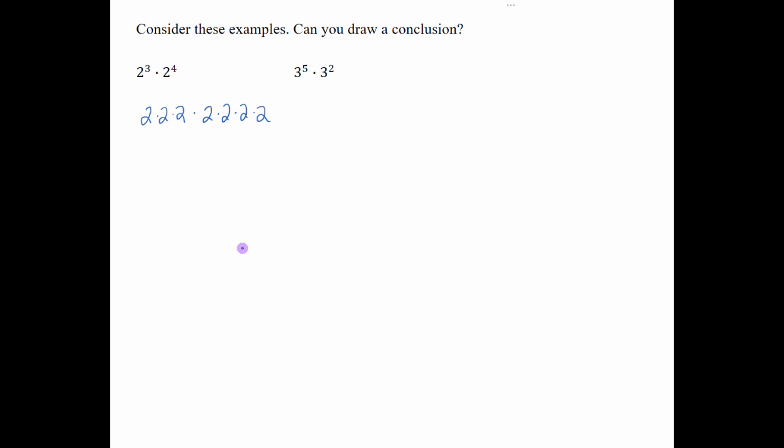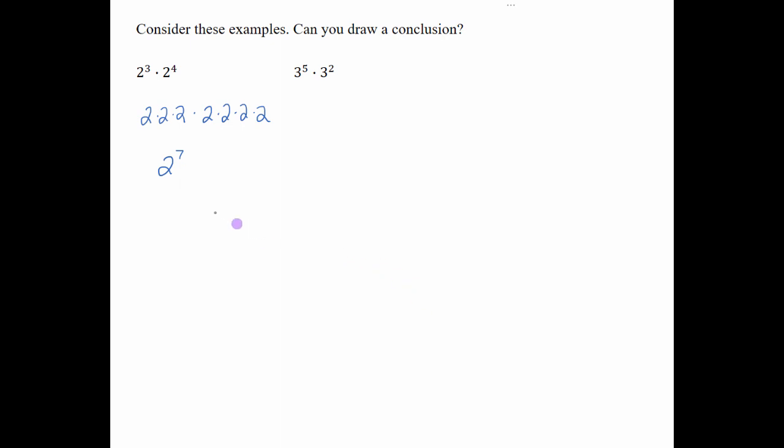Now, rather than going ahead and actually evaluating what this is, can you write this again in exponential form? Well, I have the same base in both of those parts. I have 3 2's here and I have 4 2's here. Wouldn't that mean that I have 2 to the 7th? So this would be a way for you to write that in exponential form.